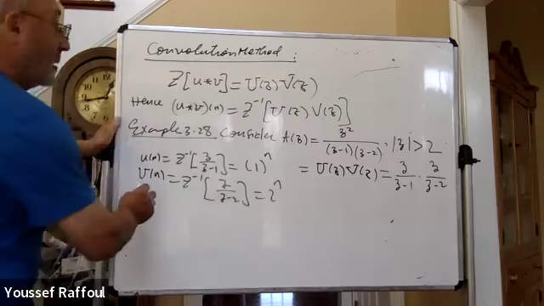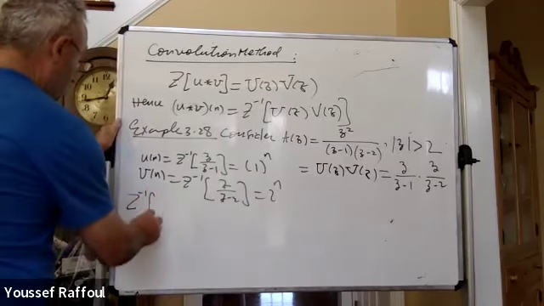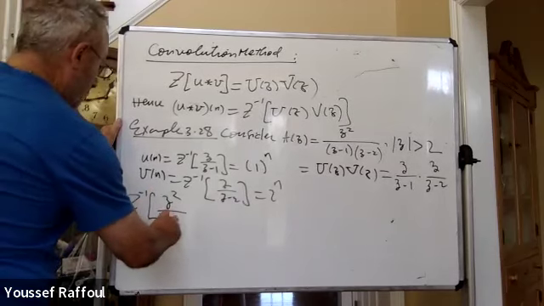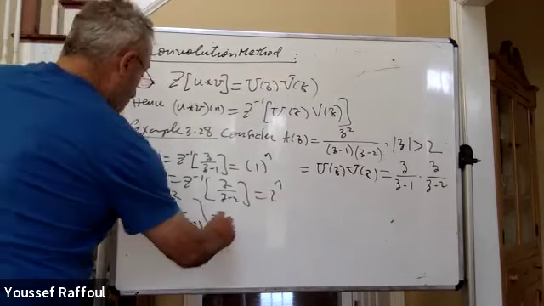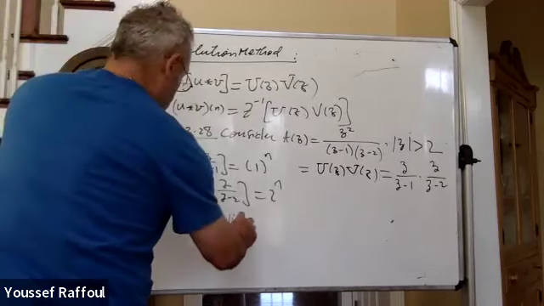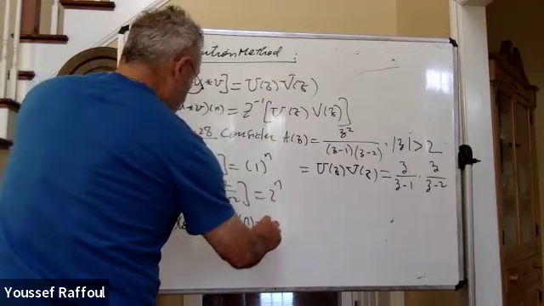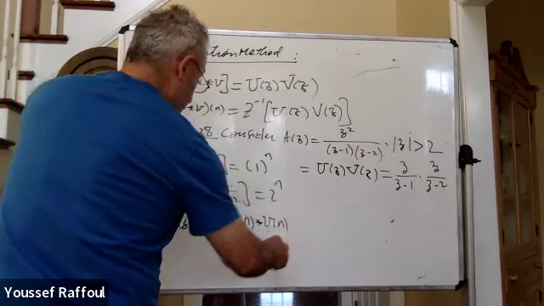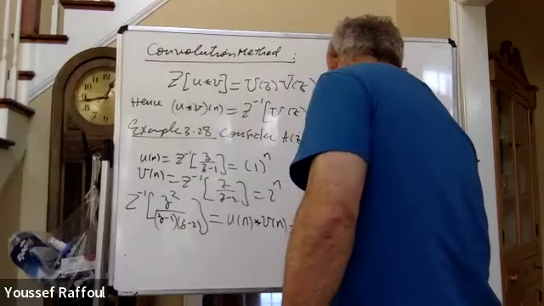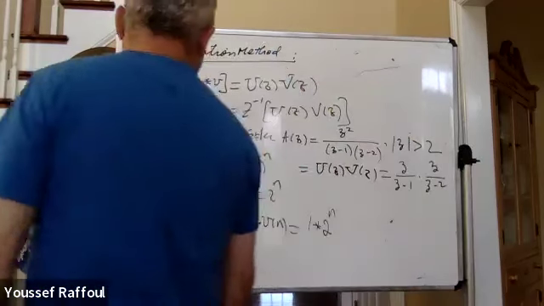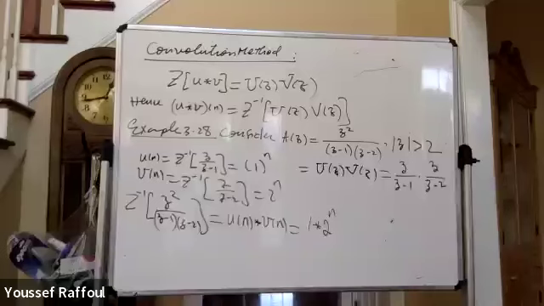So therefore, Z inverse of Z squared over (Z minus 1)(Z minus 2) is u_n star v_n. That is 1 star 2 to the power n. Correct?